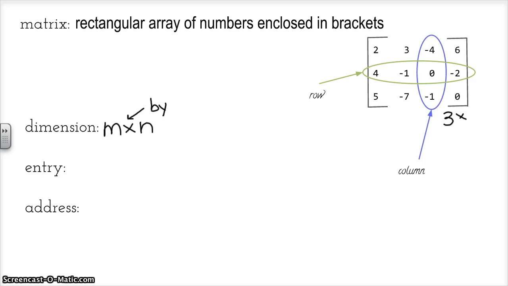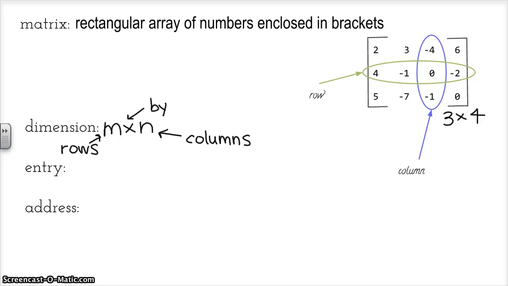And those numbers, that 3 and the 4: m, that first number, 3 in this case, represents the number of rows, and n represents the number of columns. So if you know the rows and columns, you know the size of your matrix. M rows, n columns.